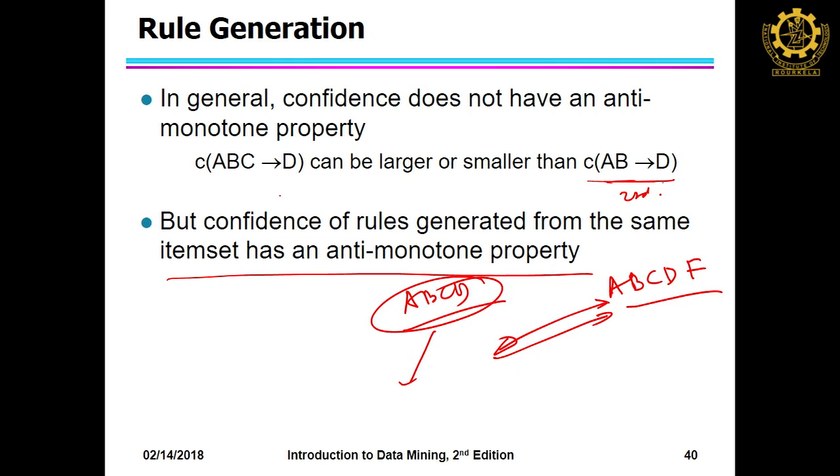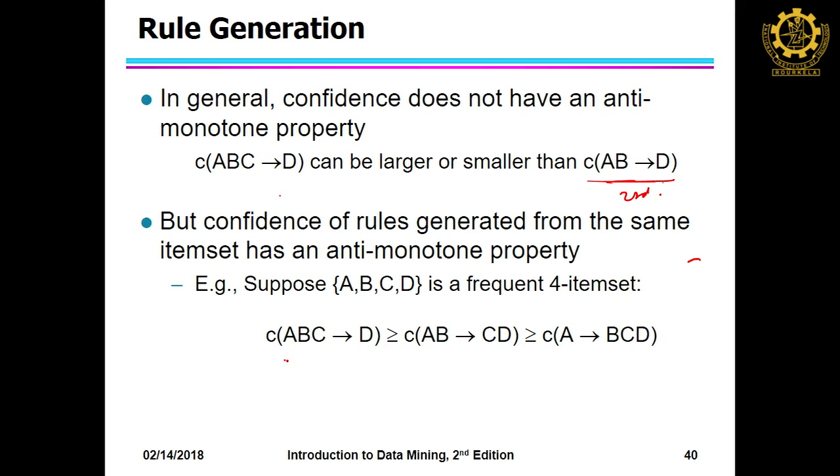So, here we go. This is the subset with respect to this one, on the right side you see this is C, D and this is D. So, this is the subset. So, a subset will have more confidence than its corresponding superset, as we said for the frequent item set.